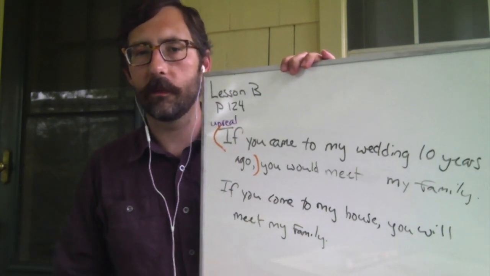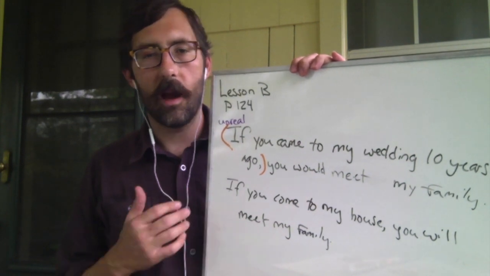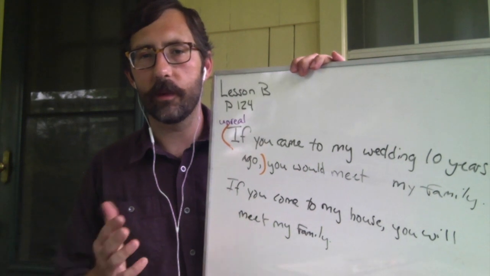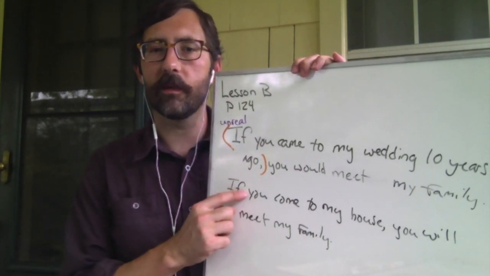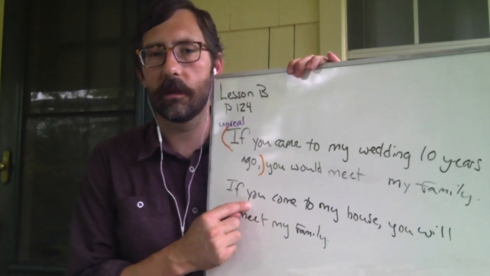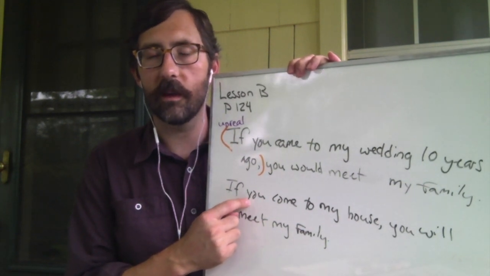Is it possible? Yes, it's possible. Maybe I invite the class to my house when we are finished with the pandemic and we can have parties again, right? So this is possible. This may happen, right? You may come to my house. This is a possibility. This is real. That's why this is real.